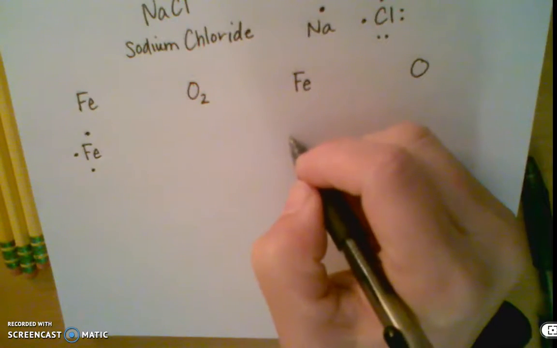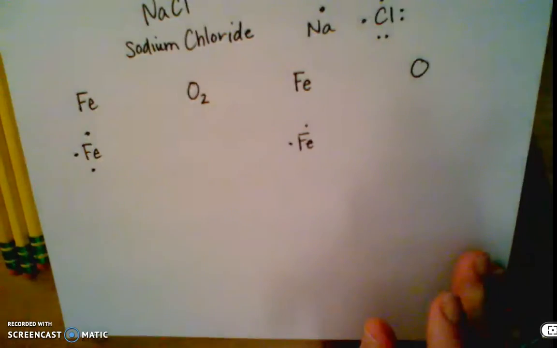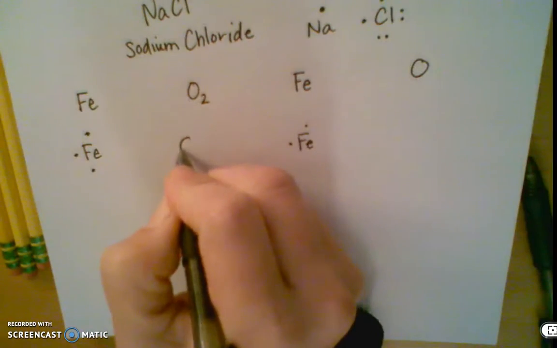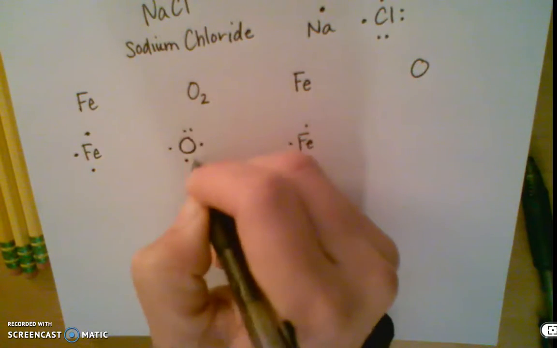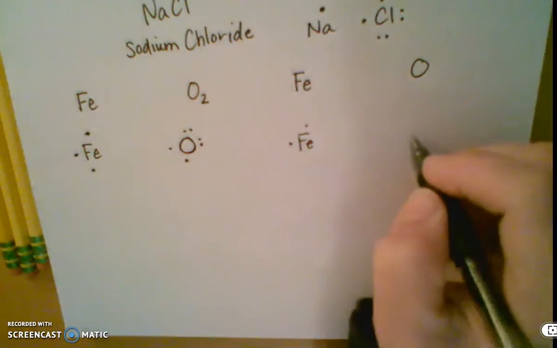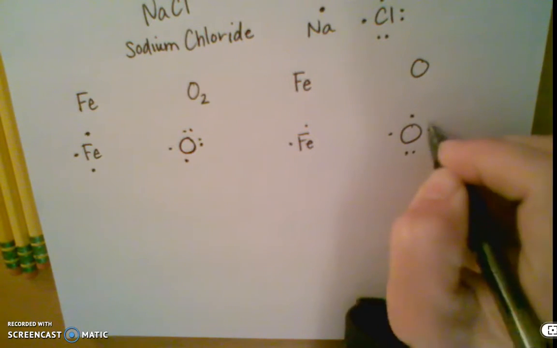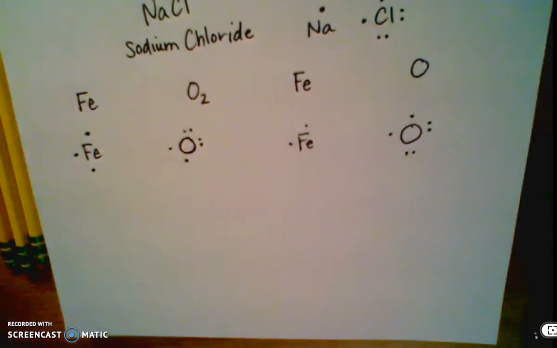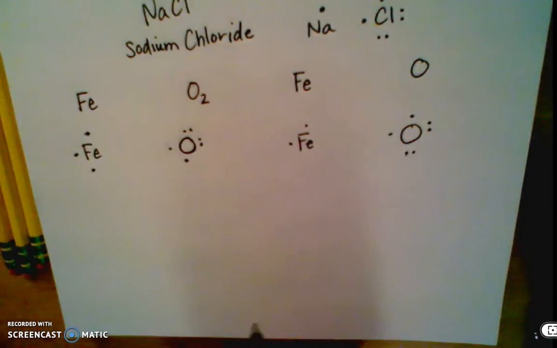And this iron here would have 2 valence electrons to lose. Oxygen always has 6 valence electrons. That never changes. And so in this case, you could actually have 2 different compounds of iron and oxygen based on the number of valence electrons they have.